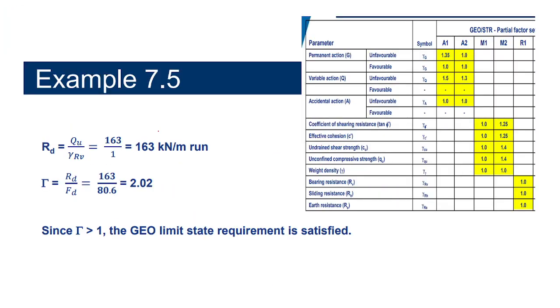Considering its partial factor of safety, again equal to 1, here is our resistance. Your design actions, FD, are smaller than the resistance, so this is satisfied. In other words, the over-design factor, resistance over design actions, is 2.002, which is greater than 1.